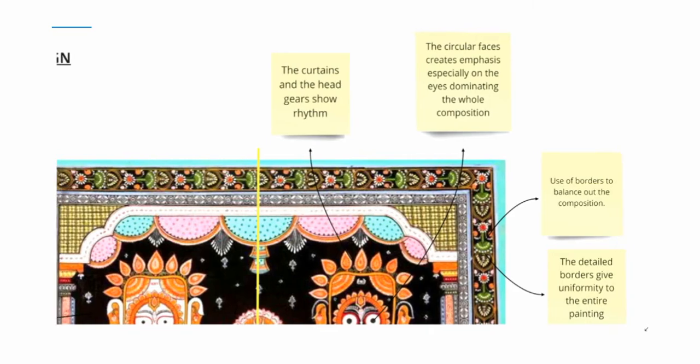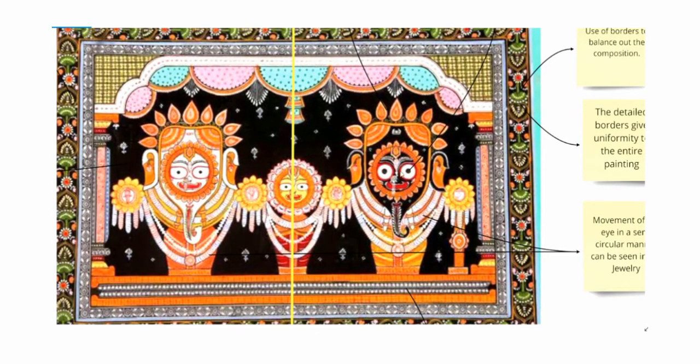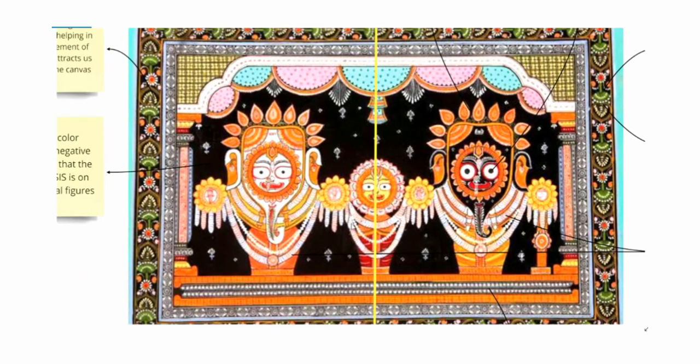If I were to talk about the eye movement, my first focus is on these huge red and black eyes, and then from there, my eye movement shifts to the garlands around the neck, and from there to the central figure, and again travels through their jewelry to the left hand side figure, and from there it goes upwards to the curtains, and from there to the borders, and then back again to the canvas.